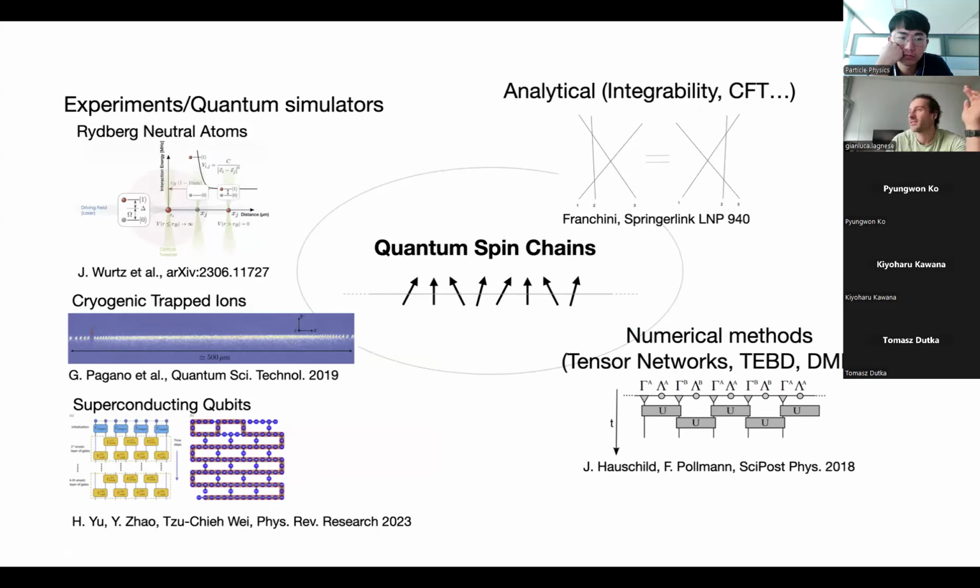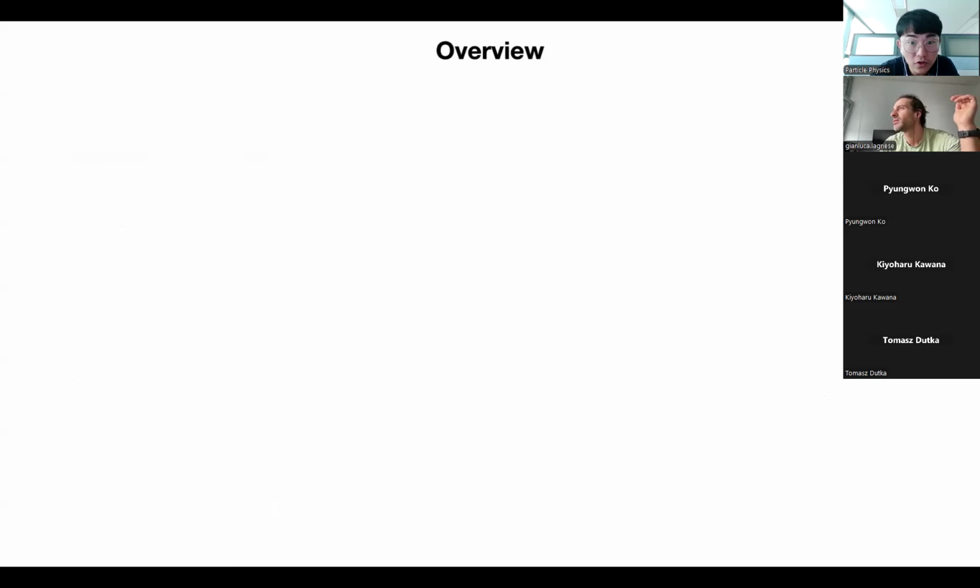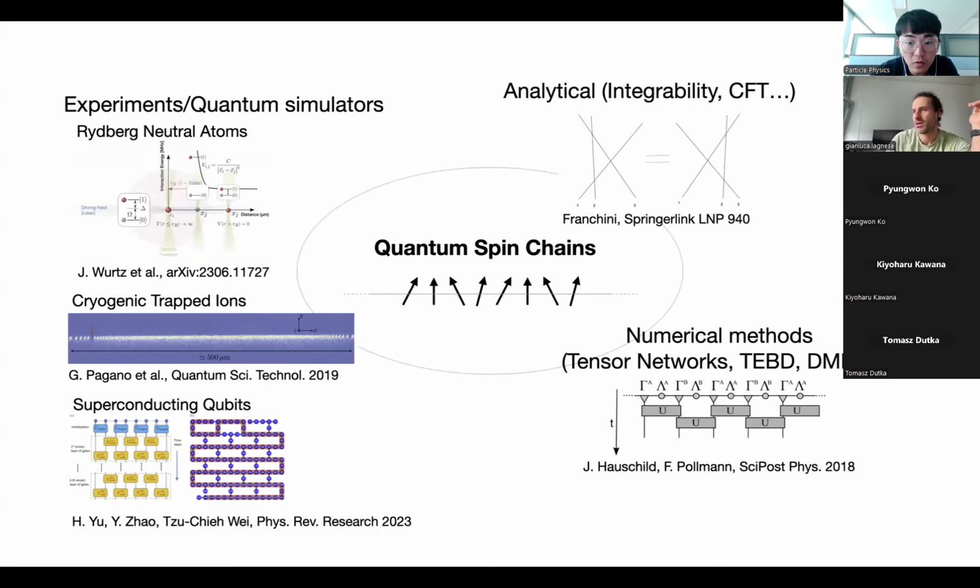So one is that, can you see my cursor? No, I don't see it. Me too, I cannot see your mouse cursor.